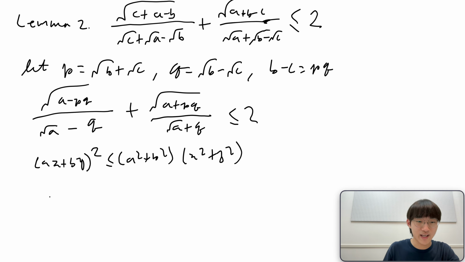Now here, I shouldn't have used a because we have a here. Let's use alpha and beta.